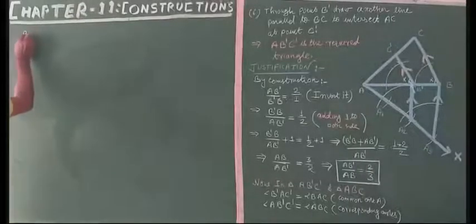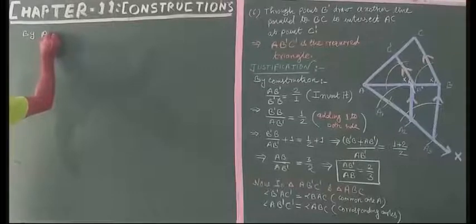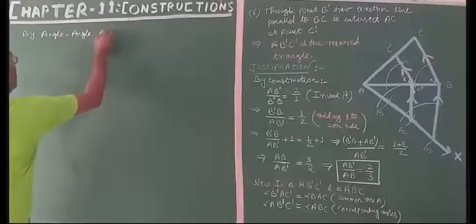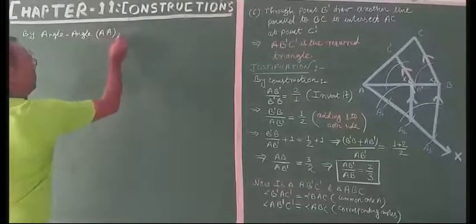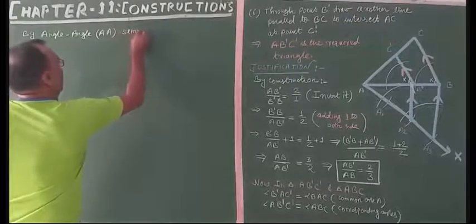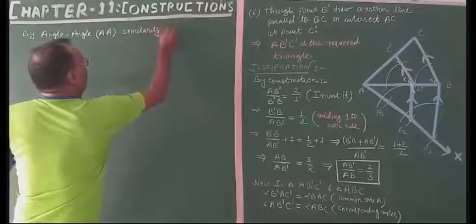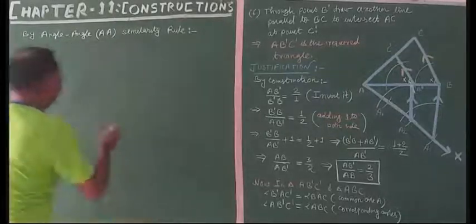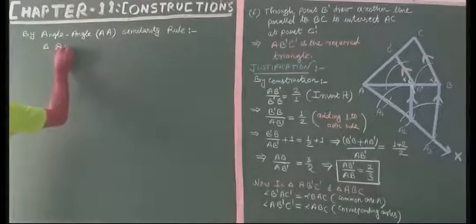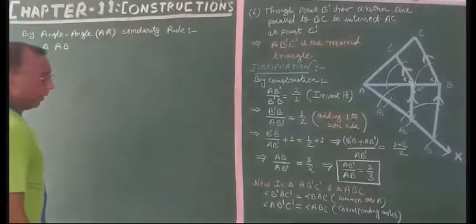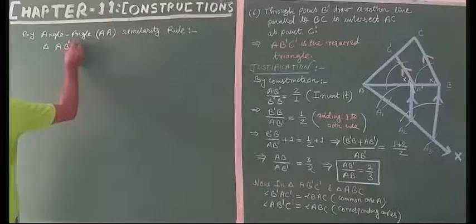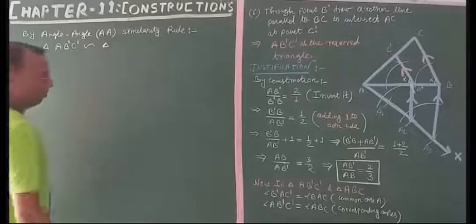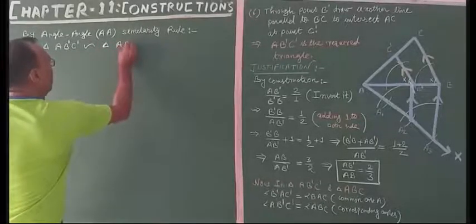By angle or double A similarity rule, these two triangles, triangle A B dash C dash will be similar to triangle ABC.